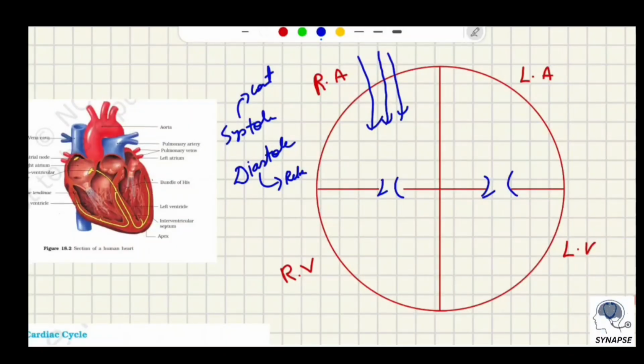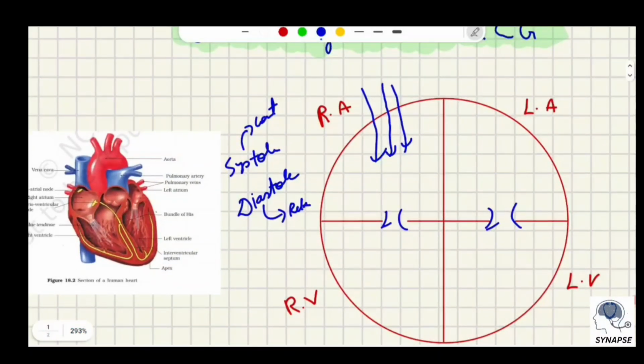Similarly, if I tell it in ionic terms, because there are ionic changes occurring in this entire cardiac cycle, which is not mentioned in NCERT and actually not required at this stage. You will go and study these things later.